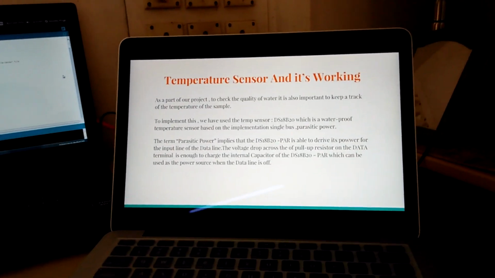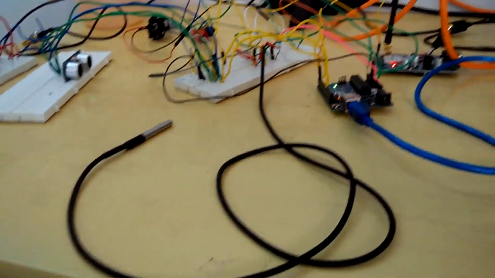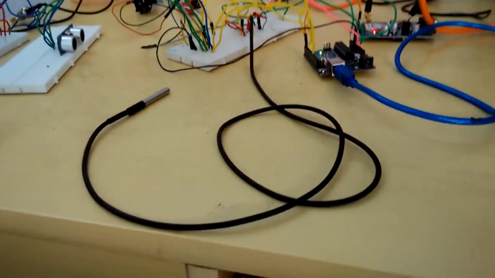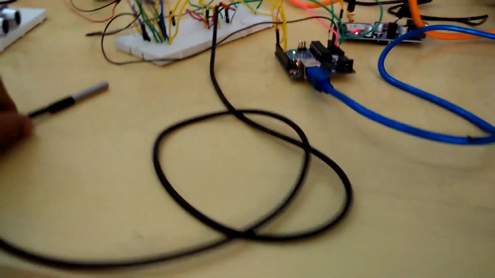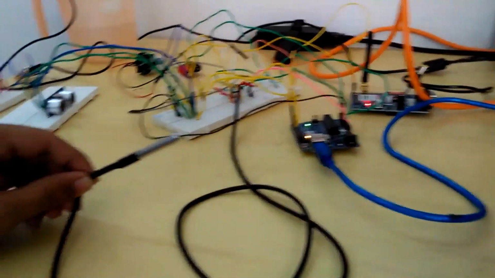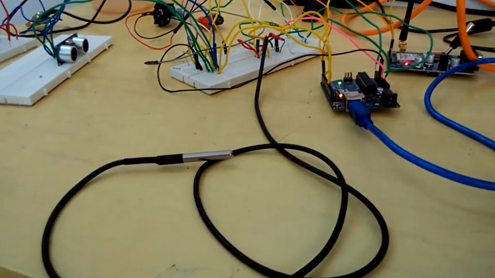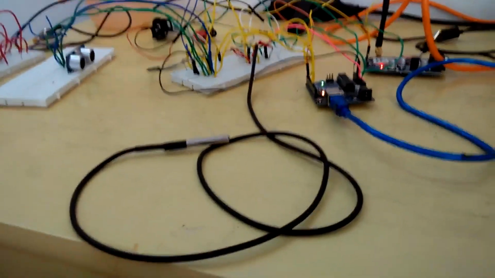So we have decided to use the DS18S20 temperature probe, which is a waterproof sensor. It's elongated. It is in the form of a wire. So it is ideal for use in our project because the sample of water might not be close to our actual testing unit, and the waterproof part is obviously important. We don't want anything to get damaged.